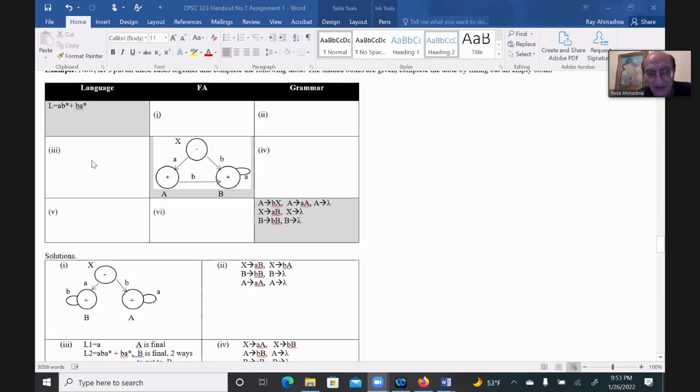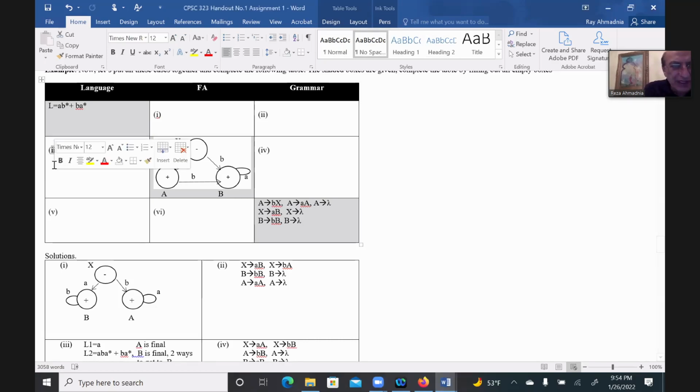The machine is given, what is the language? The machine has 1 and then 2 what? 2 final states. So the language consists of 2 sets of words. Okay, go from here to here.